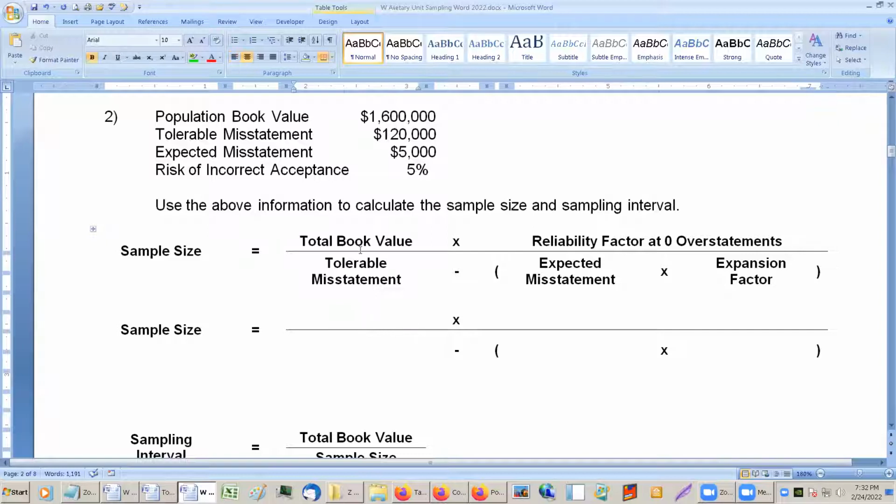Okay. Total book value. Tolerable misstatement.